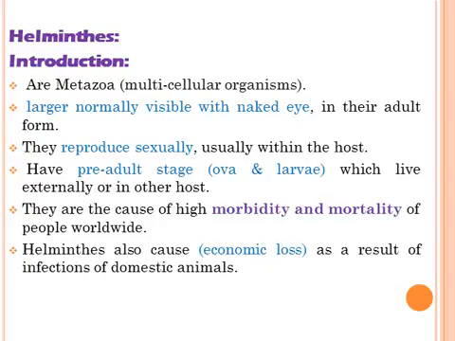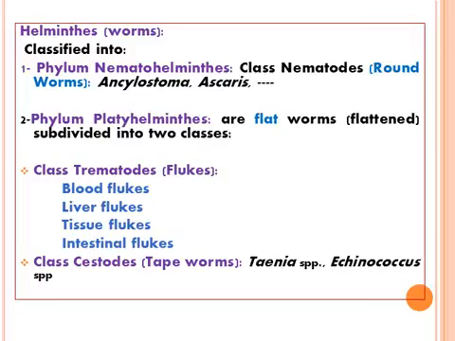They are a cause of high morbidity and mortality of people worldwide. Helminthes also cause economic loss as a result of infections of domestic animals. About classification of the Helminthes, they are divided into two phyla, Nematohelminthes and Platyhelminthes.